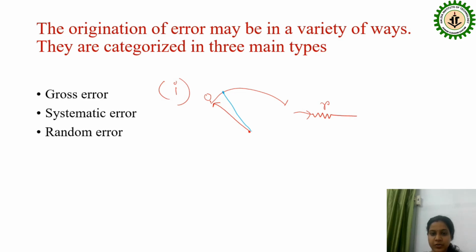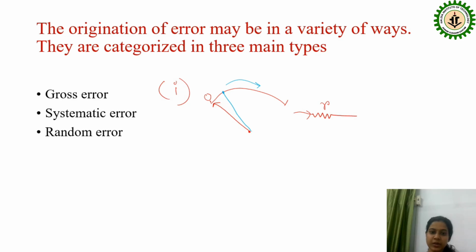When the switch is on and we perform this experiment with the help of this meter, the pointer will start to move from its position and it will be like this.